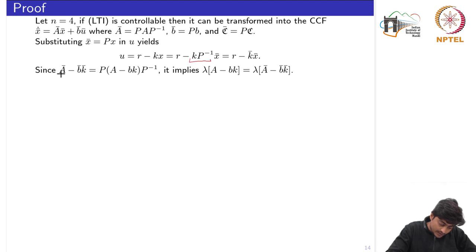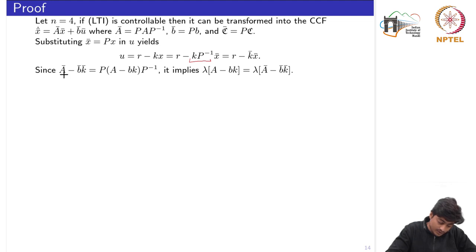Now note that if we see this closed loop system with this control signal, so if I apply this u to this transformed system, we would have the state matrix as A bar minus B bar k bar. Now A bar is nothing but PAP inverse, B bar is PB, and k bar is kP inverse.